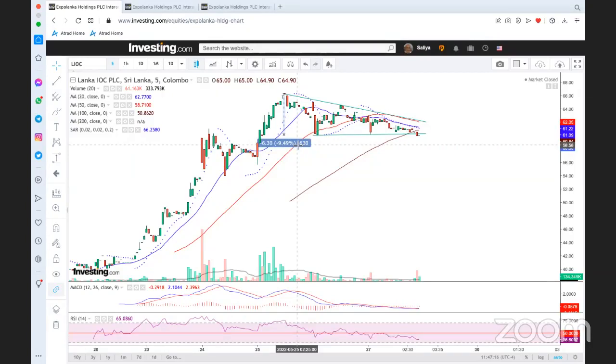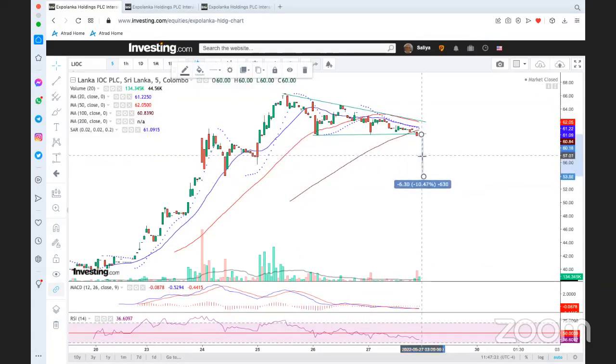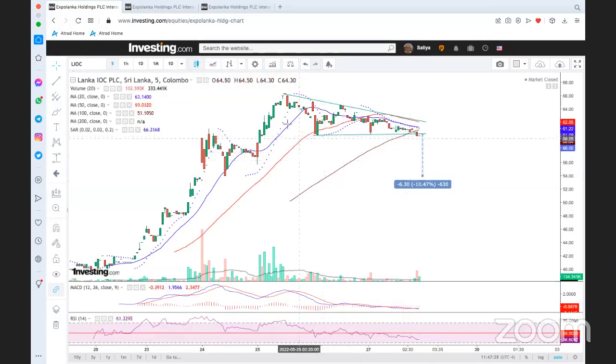So as we know, when we are projecting a breakout, projecting this distance over here amounts to a 10.47% return. Then it has to come down to 53.80, right? So your target price will be 53.80. It has to break this support and come down to this level. So this is the distance that you have to play around with.